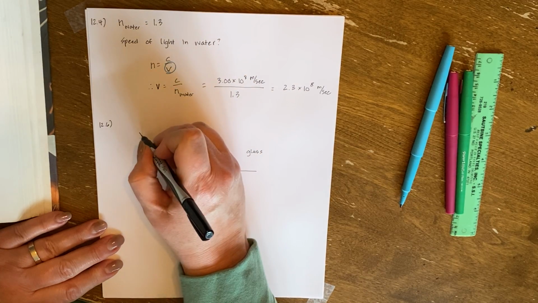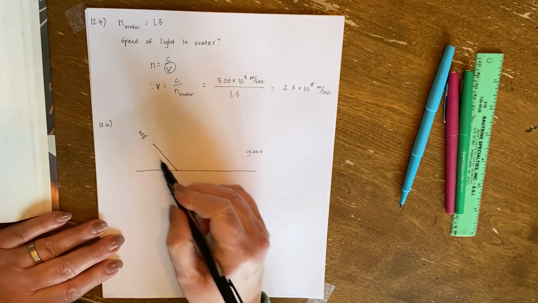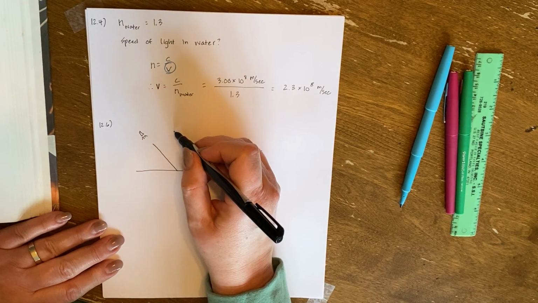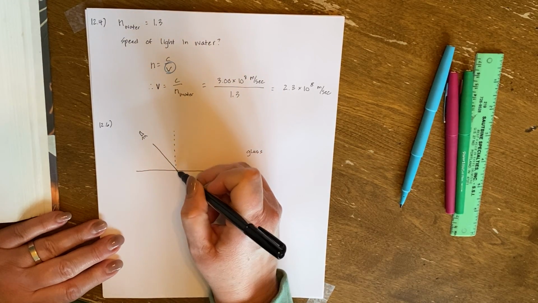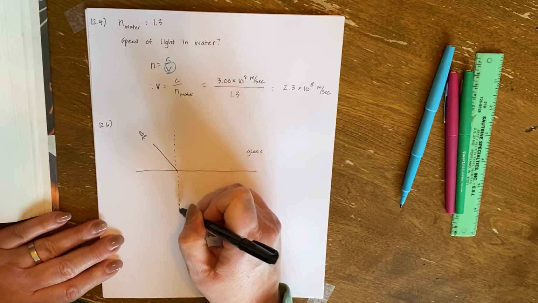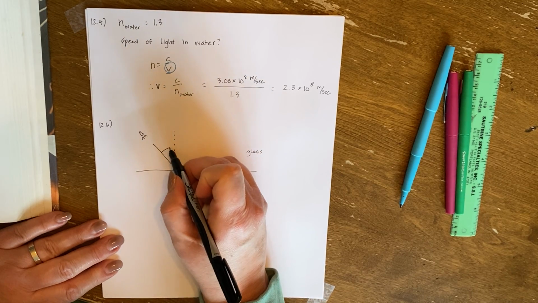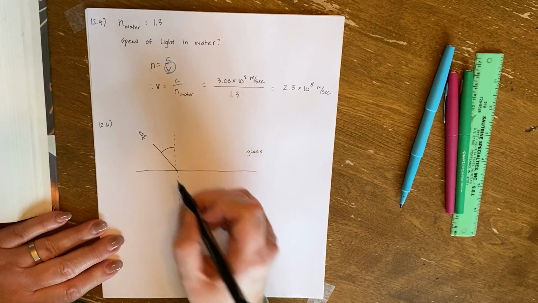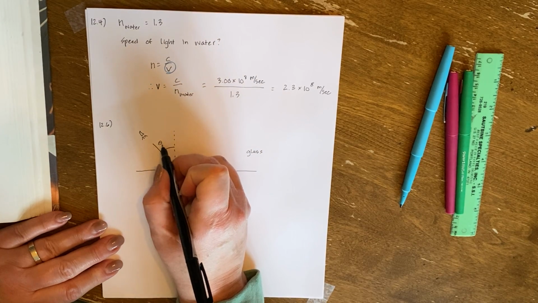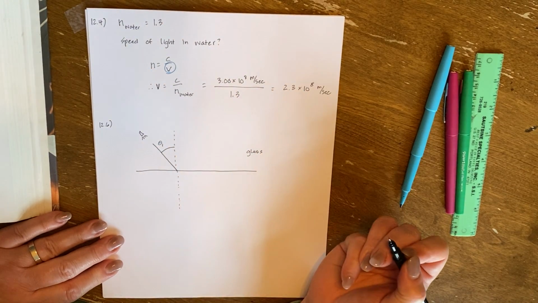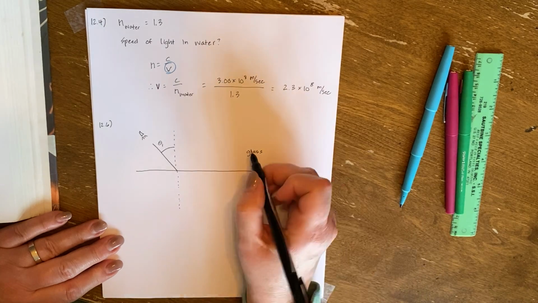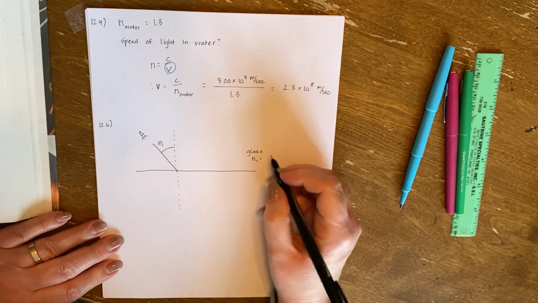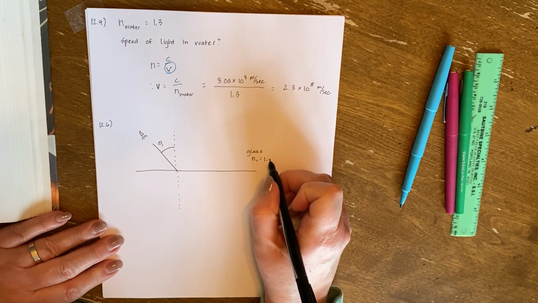Okay, so here's our light source. The light's coming in. We'll draw our imaginary perpendicular here. So this is our angle of incidence. We'll call it theta 1. It's traveling through glass, and it tells us, in this case, that the index of refraction is 1.5.